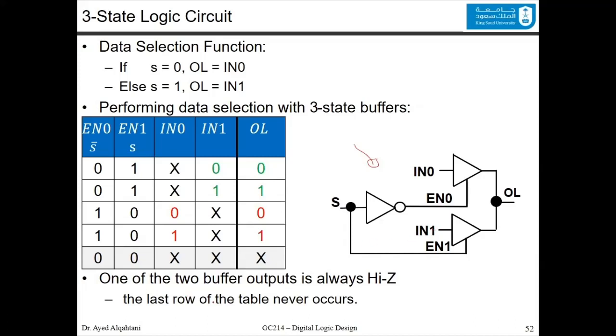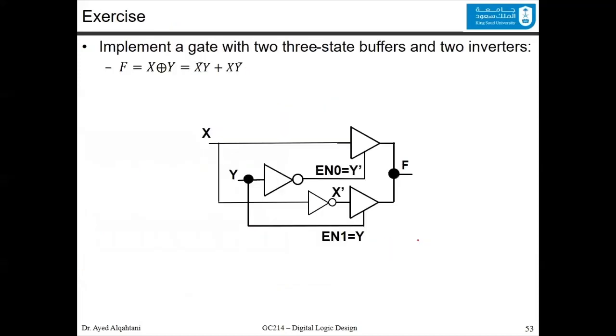So the last row of the table never occurs in this block diagram.